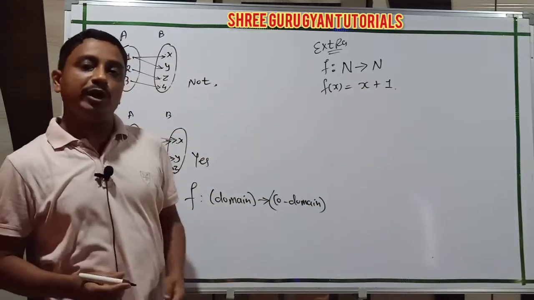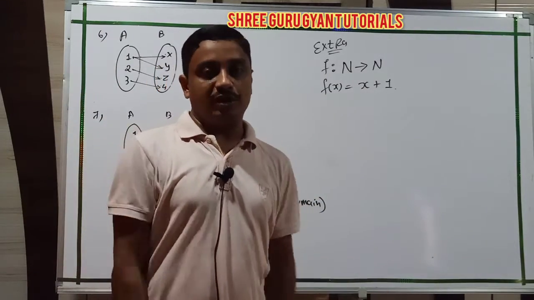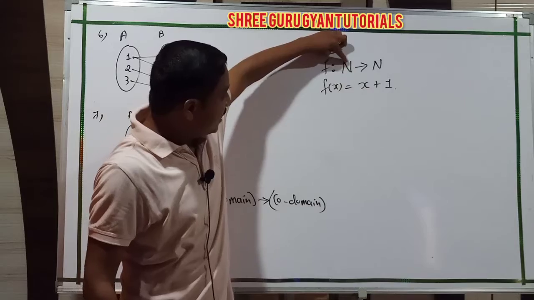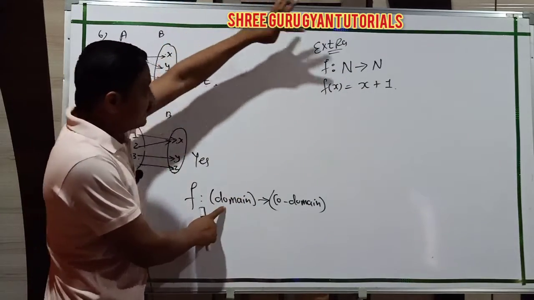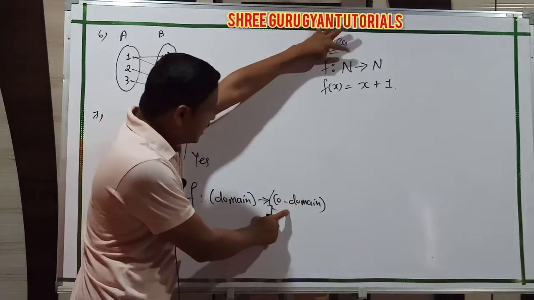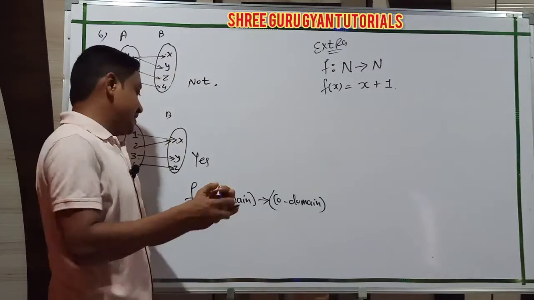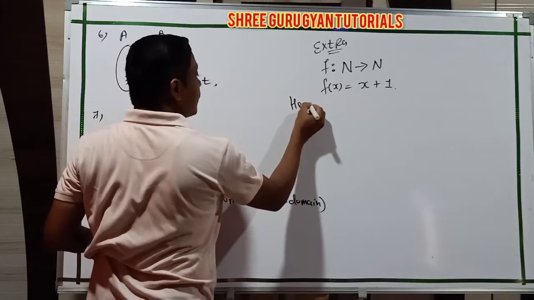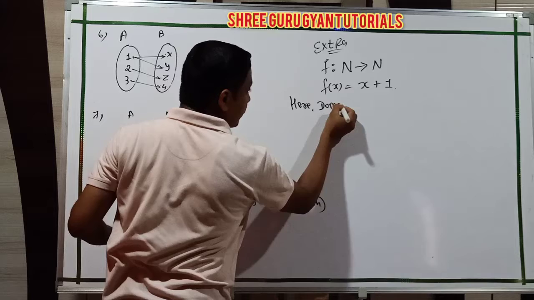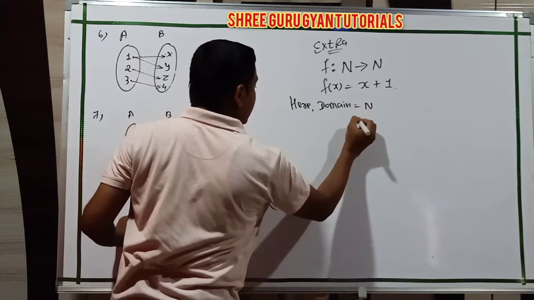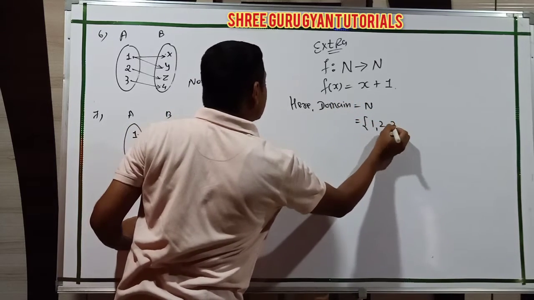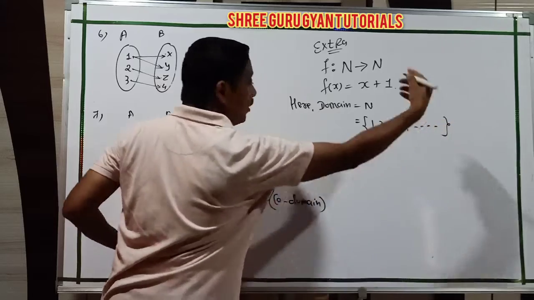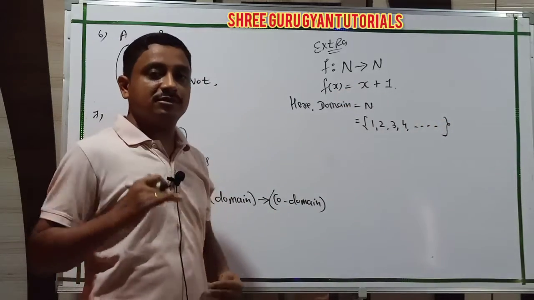Find out domain and range and codomain. Students, this first n indicates your domain. And this second indicates what? Codomain. Yes, here domain is n. And n you know 1, 2, 3, 4, some numbers.